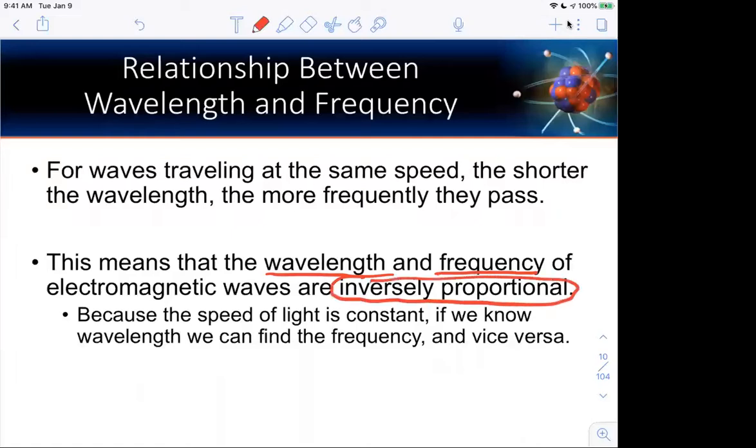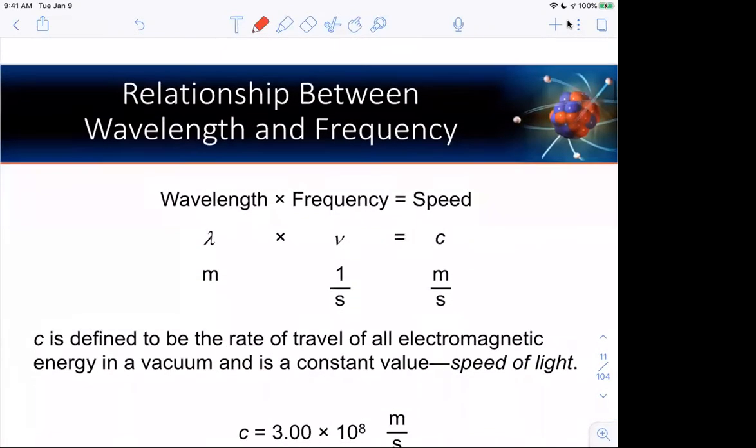Again, speed of light is constant, right? If I increase wavelength, I have to decrease frequency because the product of that has to equal the speed of light. If I decrease wavelength, I have to increase frequency because the product of that is equal to the speed of light. So here's an equation.